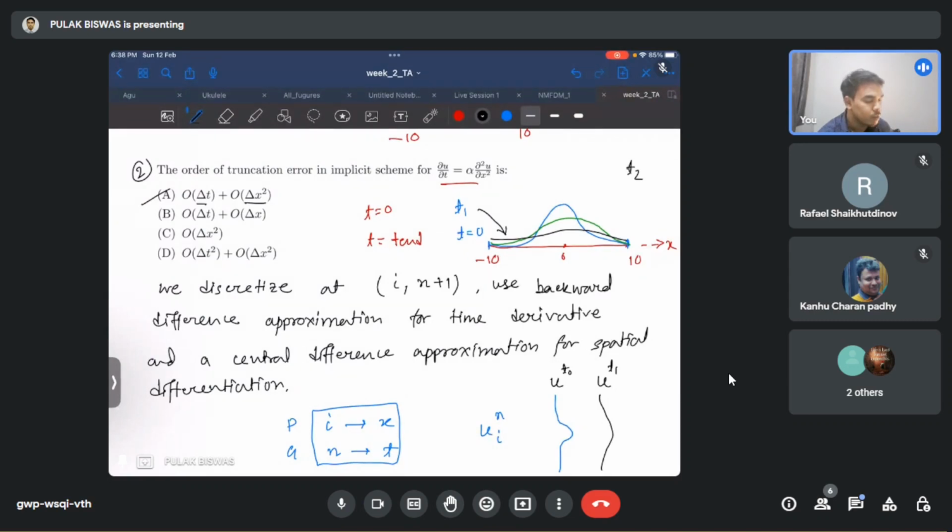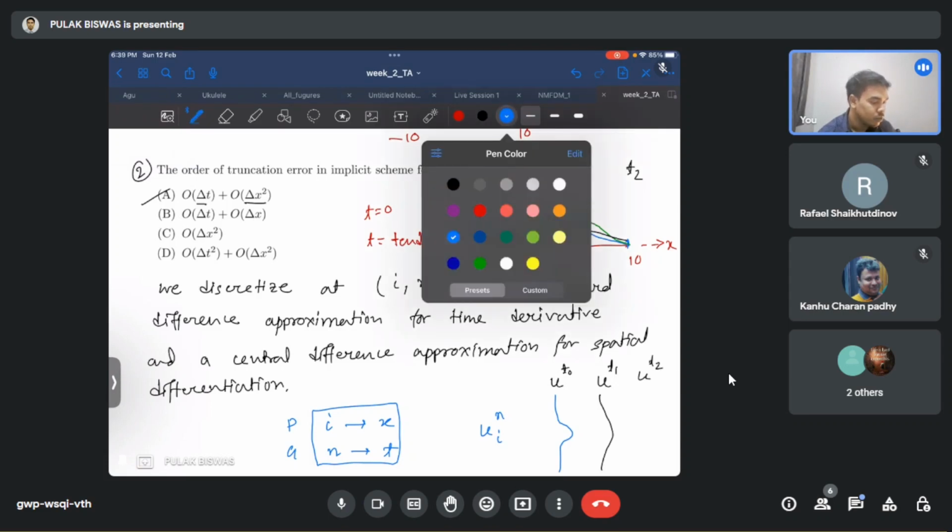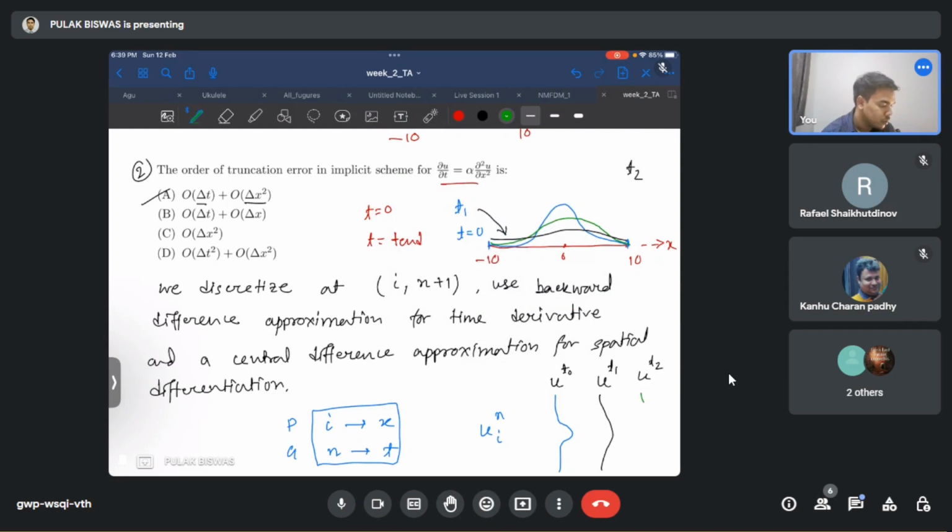But it will be changed: it was sharp, it becomes flattened. Again for another time t2, your Gaussian will be further flatter than this one, this green.